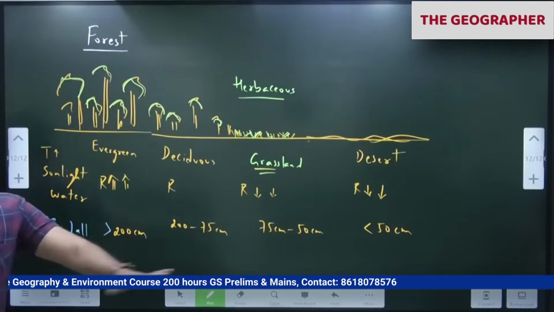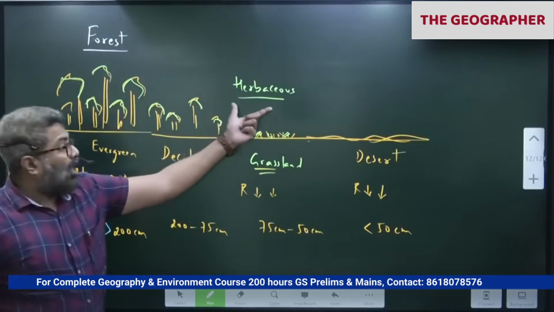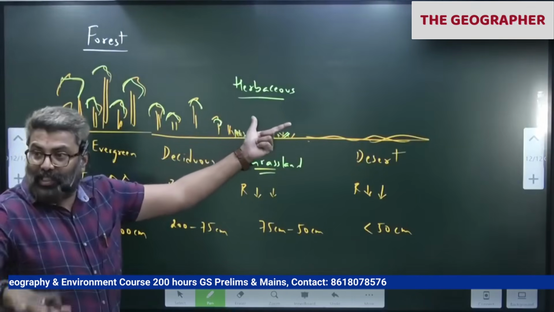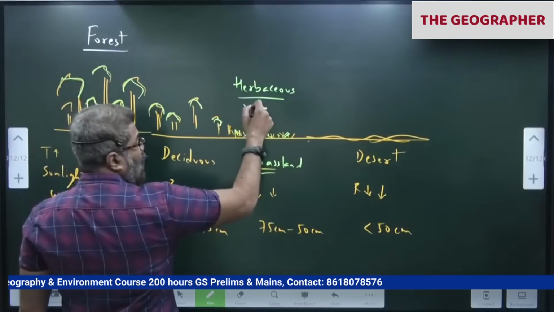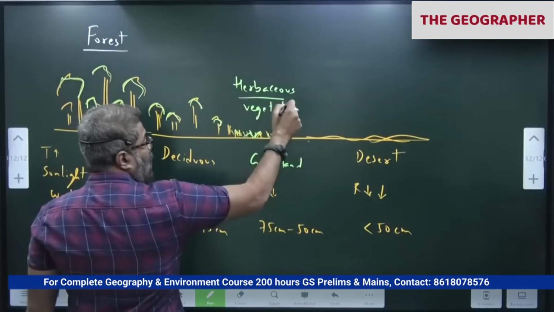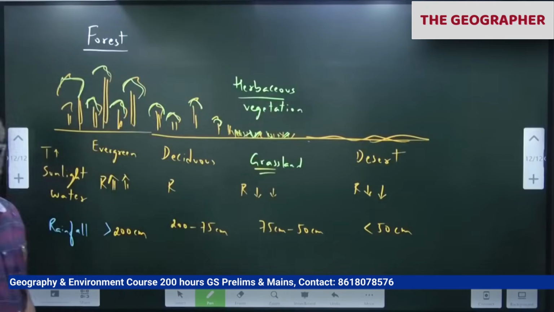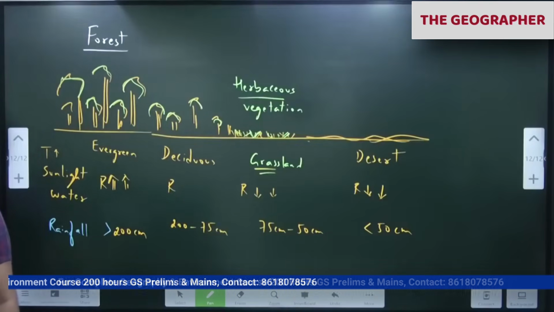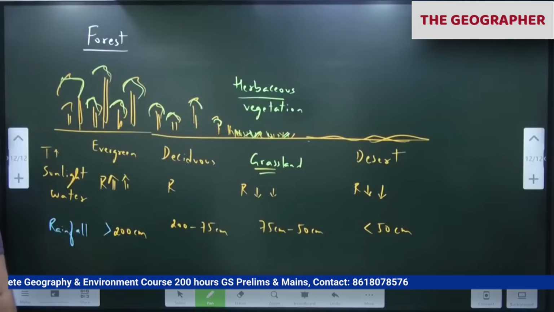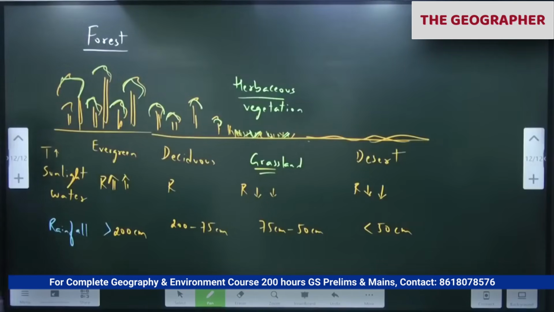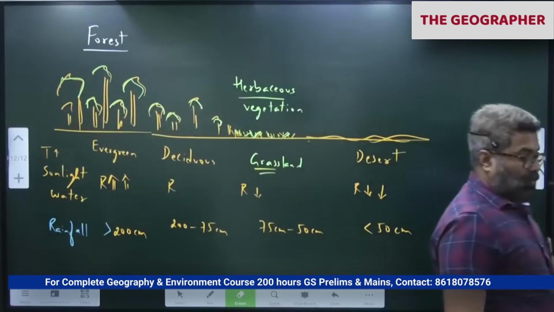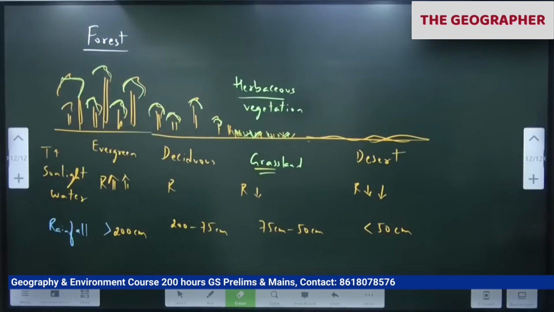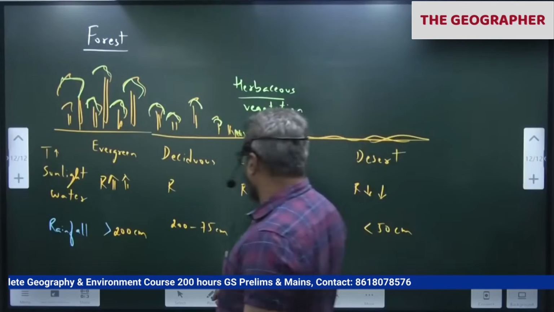Grasslands are large stretches of earth surface with herbaceous vegetation, small plants, grasses. So now you know from forest to desert how the landscape changes.